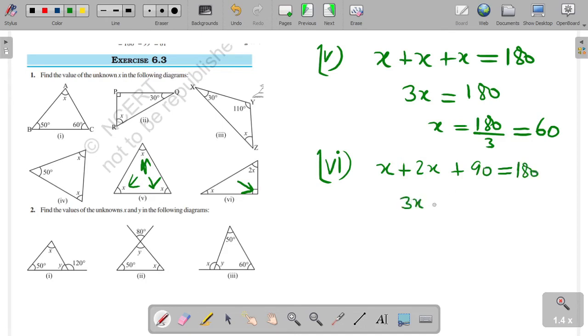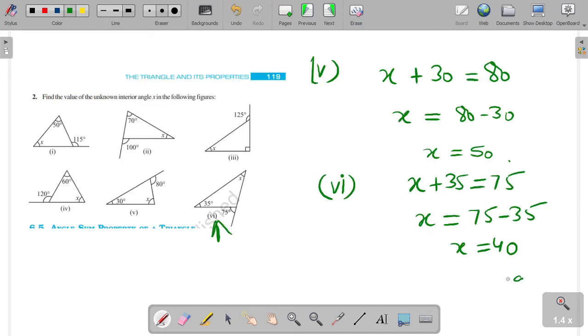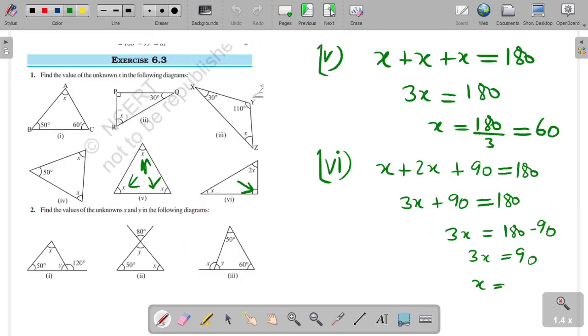So 3x plus 90 equals 180, so 3x equals 180 minus 90, or 3x equals 90, or x equals 90 upon 3, that is 30. So this is the sixth part.